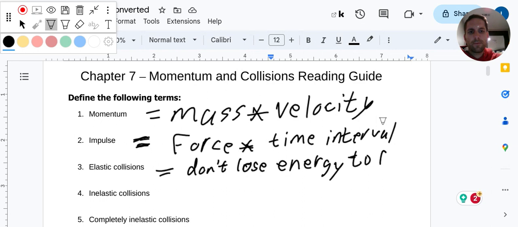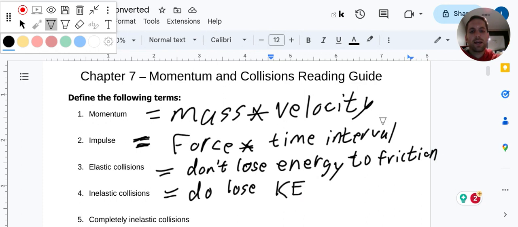Inelastic collisions do lose energy to friction. Specifically, I'm talking about kinetic energy, KE for short.